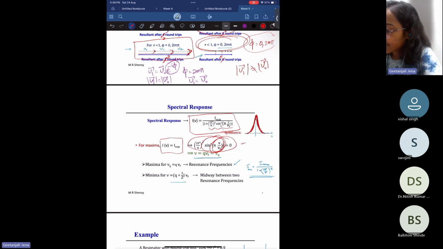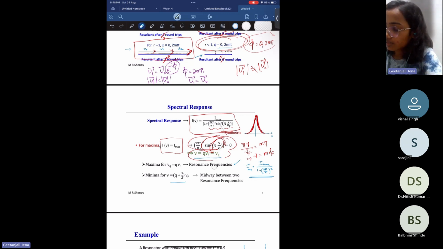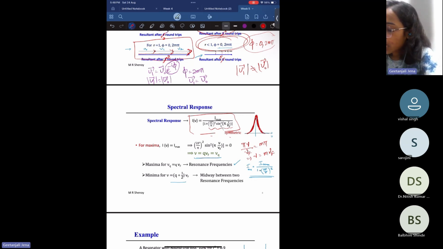This will happen when the angle pi nu by nu f is a multiple of pi, right? So nu is equal to q times nu f. This is the resonance condition, where you get the maximum intensity of the spectrum.